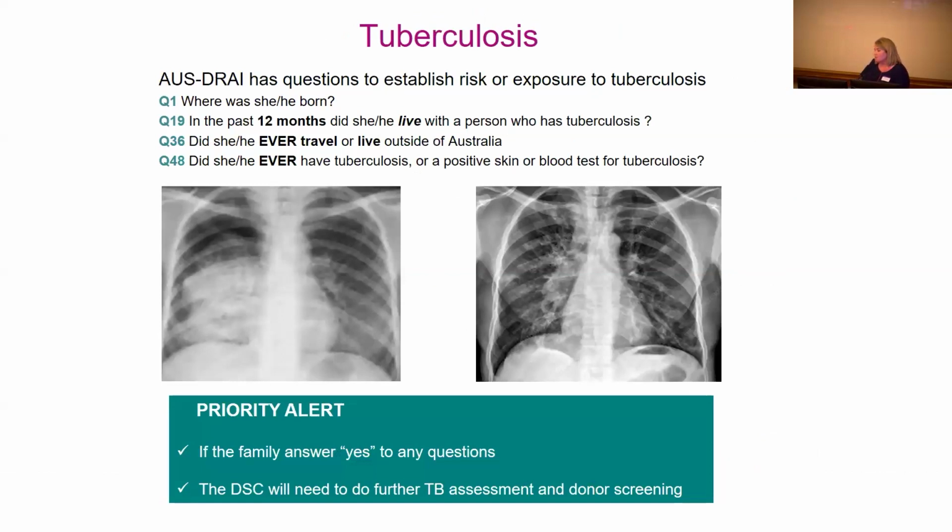Tuberculosis. There are some specific questions within the AusDRE that relate to exposure to tuberculosis and possible risk. If the family identify yes to one of those questions for a donor, we actually have to go on and do some further TB assessment and donor screening.